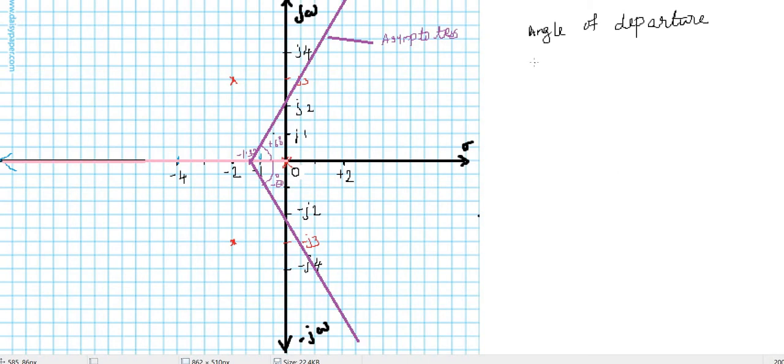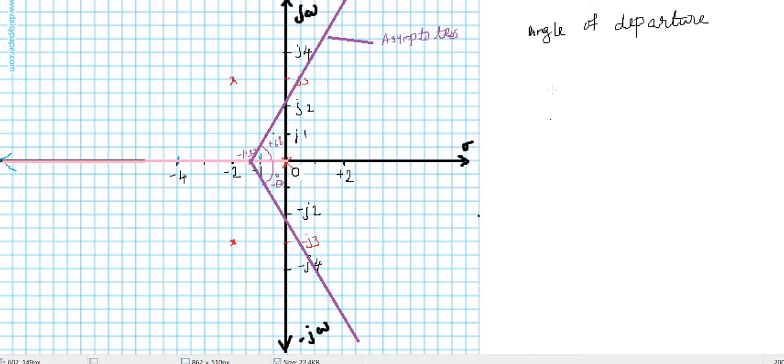Here in this case we have complex poles, so we have to find the angle of departure. The angle of departure means the root locus branch starting from the complex pole starts at some angle. That angle is known as the angle of departure.